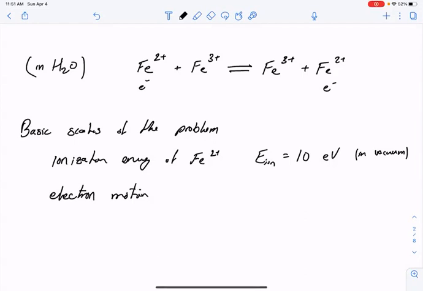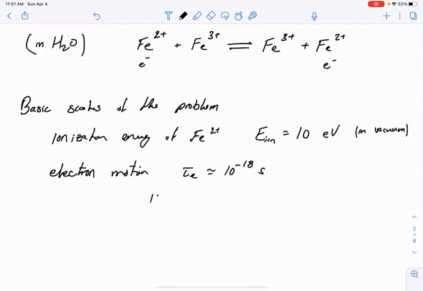Does anyone know what the characteristic timescale of an electron is? What a typical orbit time or frequency would be? Ballpark, you should think about attoseconds, 10 to the minus 18 seconds. So 1 over the rate, naively from transition state theory, would be that time scale times e to the beta E ionization.